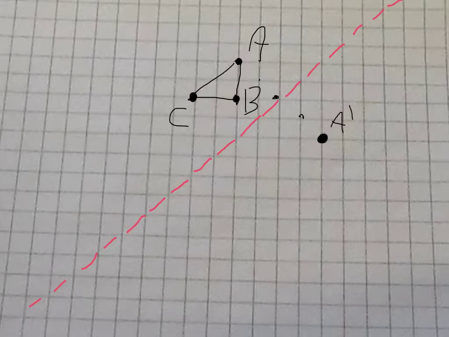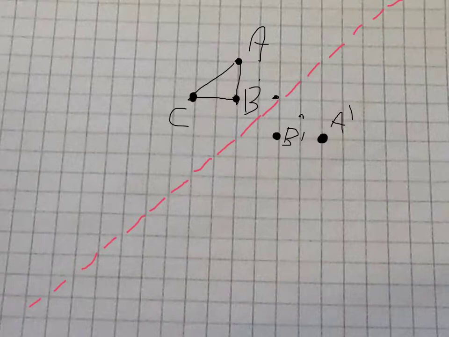For point B, it is 1 diagonal dot from the line of symmetry, so it should be 1 over this way, right here. And this should be point B with the apostrophe.